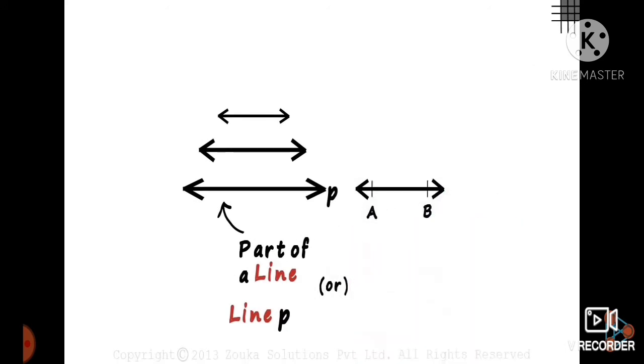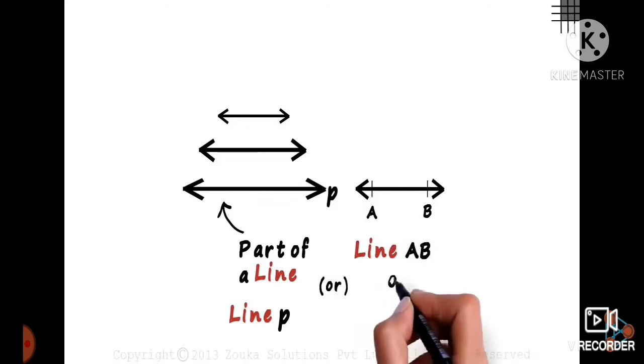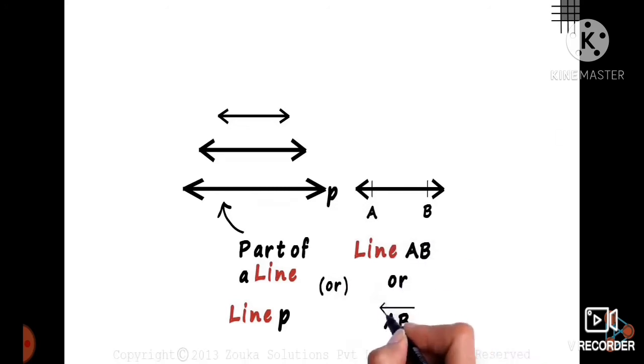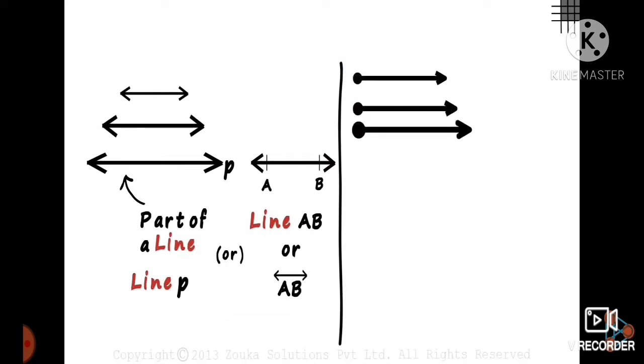If you cut a part from the line, that is called a line segment. The length of a line segment can be measured and it has endpoints. Next, let's go with the ray. What is a ray? A line segment that extends only on one side is called a ray.